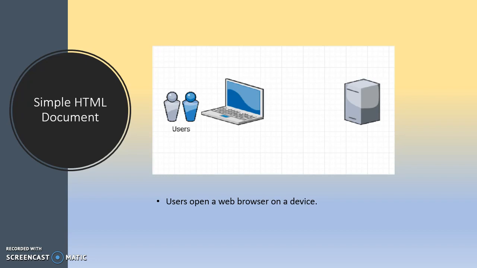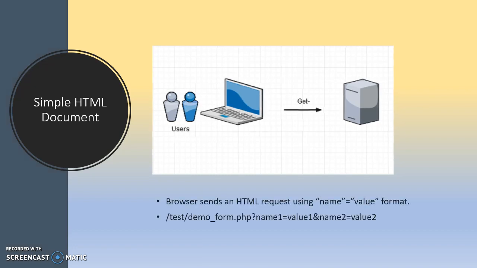The user opens a browser and creates an HTML request. The HTML browser then sends the HTML request in the form of a GET command. The HTML requests use similar syntax to JSON data as we learned in last week's material.